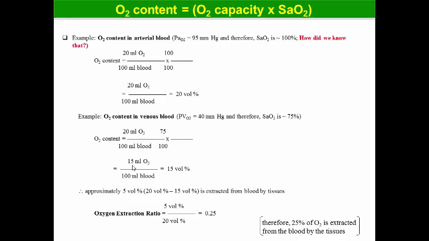In other words, the oxygen extraction is 25%. How did we calculate this oxygen extraction? Because only 5 milliliters of oxygen were taken from the 20 milliliters of oxygen. So the tissues have extracted only 25% of the oxygen which is present in the blood that flows through the systemic capillaries.